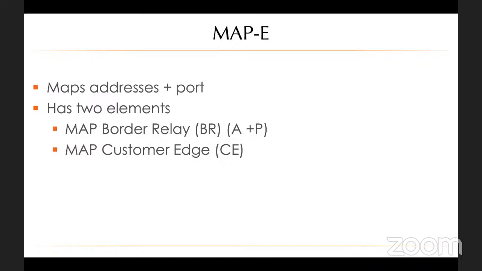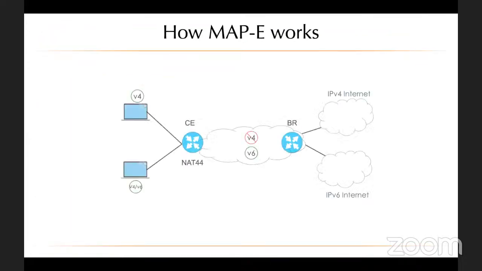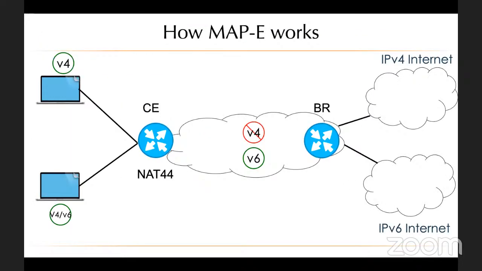So this is in the provider's network. If you are to match what we had in the other transition techniques, the BR or the border relay is the AFTR. And then we have the customer edge, MAP CE, which is at the customer's end. And it provides tunnels for a direct connection between the BR and the CE, similar to how the previous technologies work.